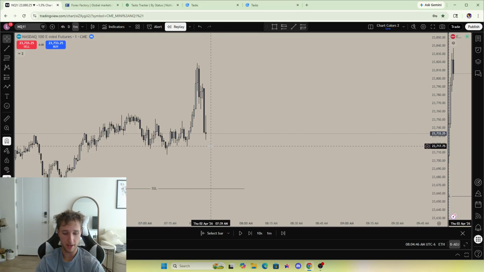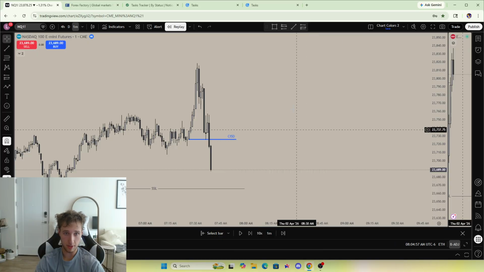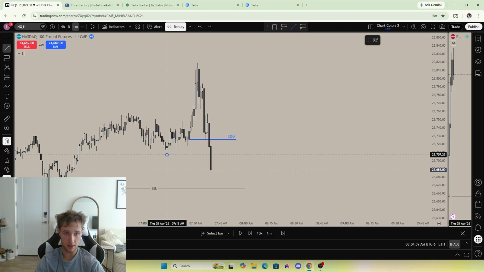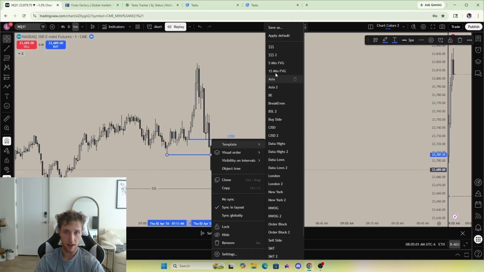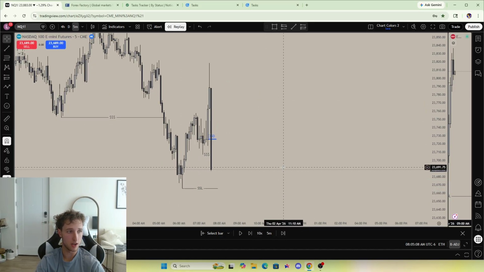We also ended up getting below this 1 minute change and the 5 minute change, showing extremely bearish order flow. We did end up taking this low, but again, this 5 minute change right here validates this sell model to this low, right?